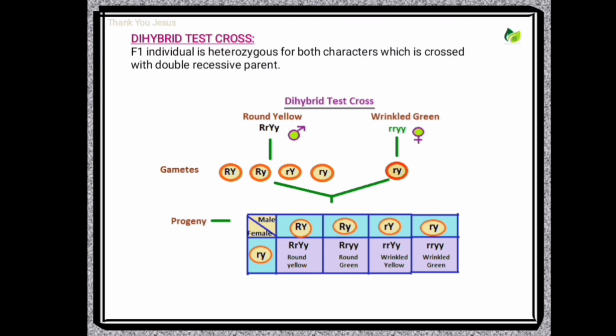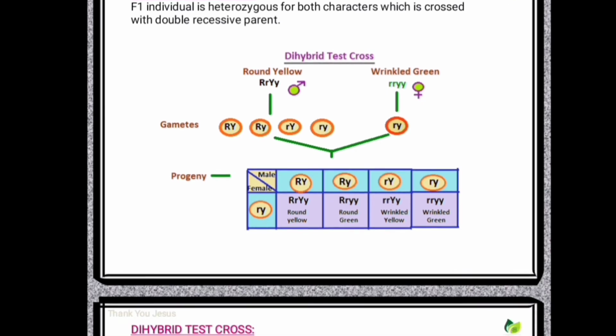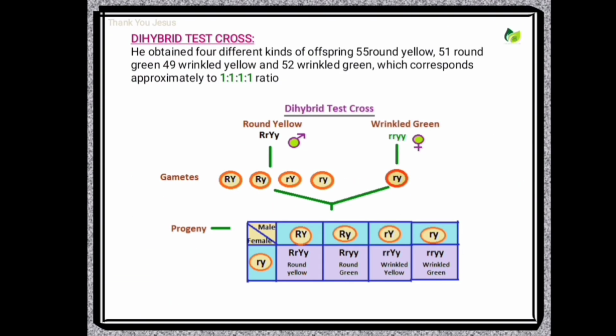Mendel obtained four different kinds of offspring: 55 round and yellow, 51 round and green, 49 wrinkled yellow, and 52 green wrinkled, which corresponds approximately to a 1 is to 1 is to 1 is to 1 ratio.